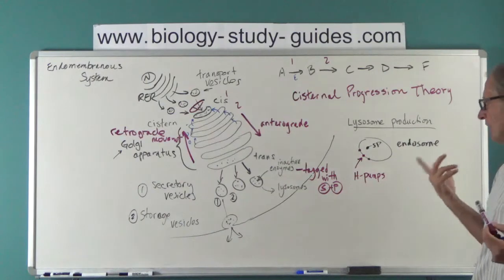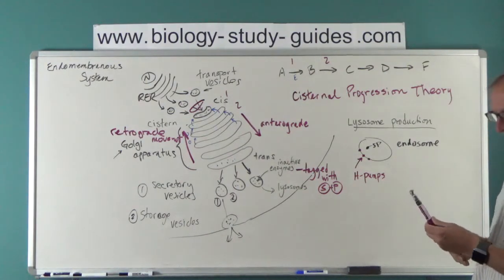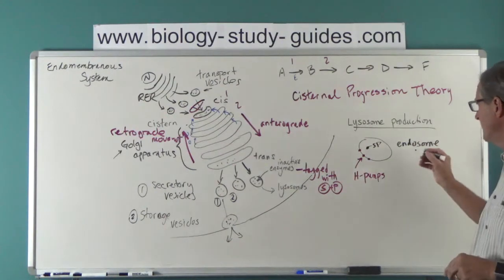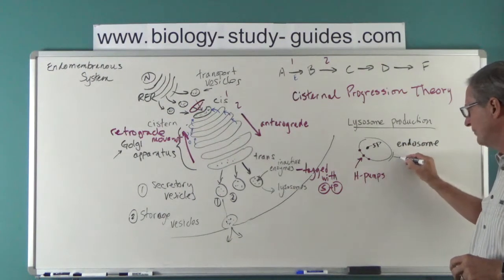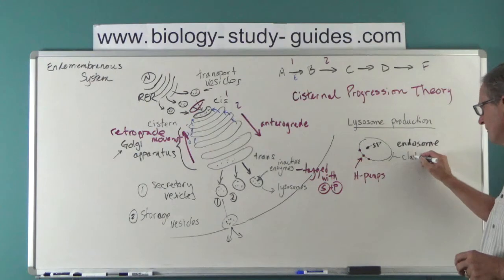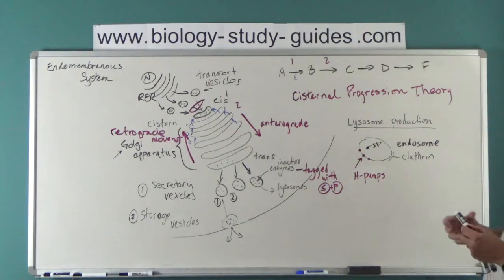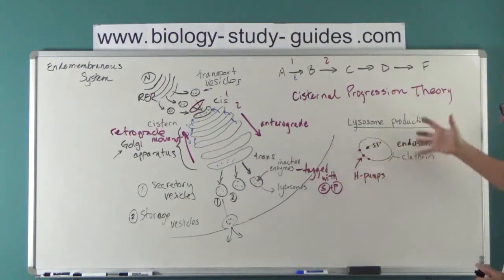And on their surface they also have that protein we talked about before, clathrin. So that's what happens when these things are made. That's what they look like.